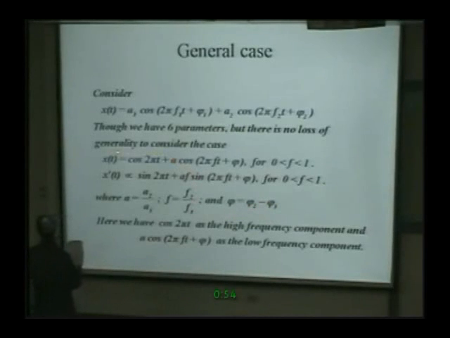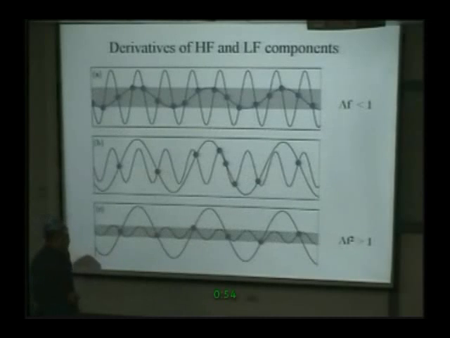So we'll study this. You see that if the low frequency amplitude is low, it always cuts the high frequency at given points. But if the low frequency amplitude is very high, then you also cut at a pretty regular pattern.